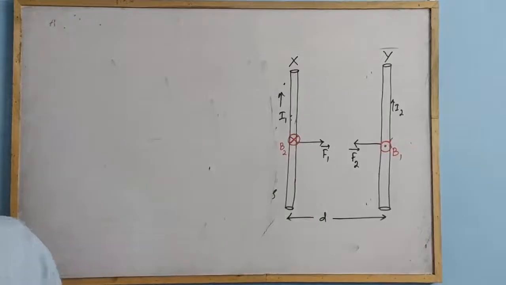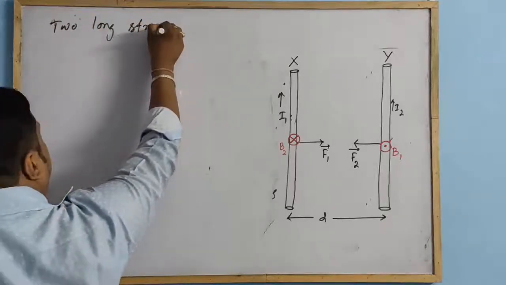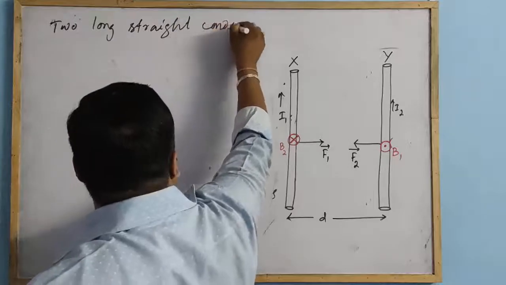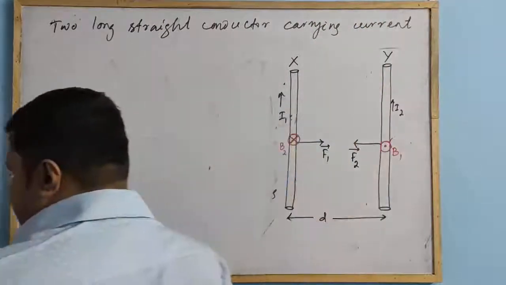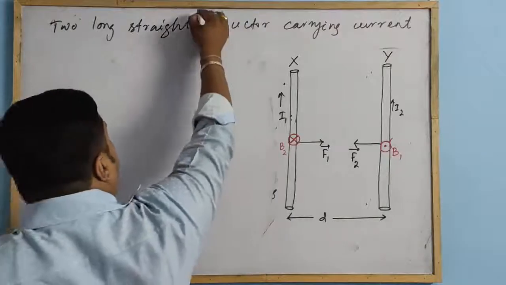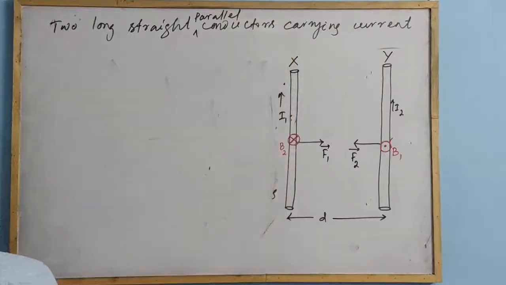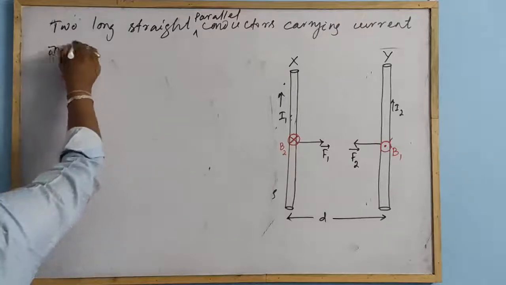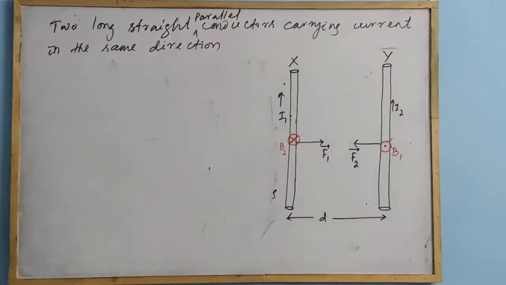The conclusion is that two long straight parallel conductors carrying current in the same direction attract each other.